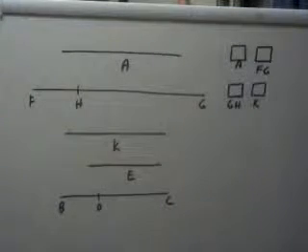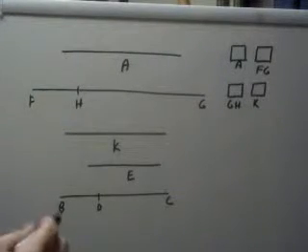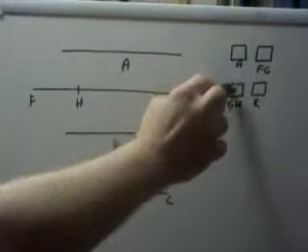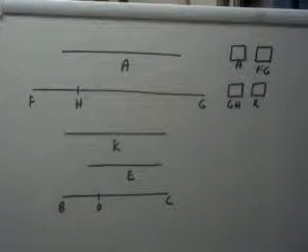And as BC is to CD, so is the square on FG to the square on GH. This is by Euclid Book 10, proposition number 6, Porism.